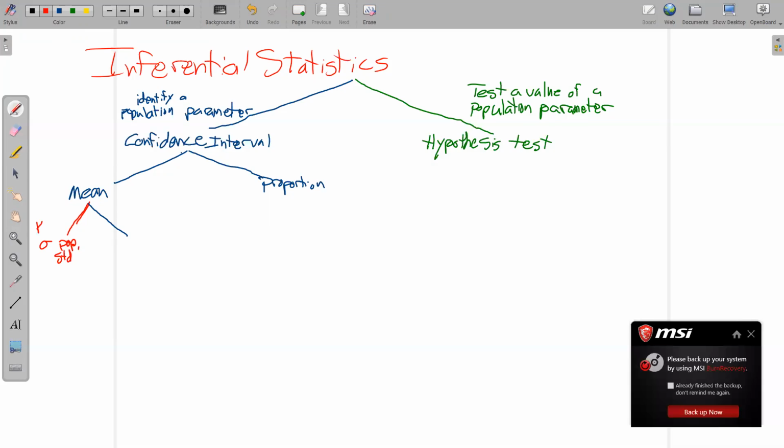And so the question is, do we know the population standard deviation? Let's say we do know it. The other scenario is where we do not know sigma, which again is the population standard deviation.